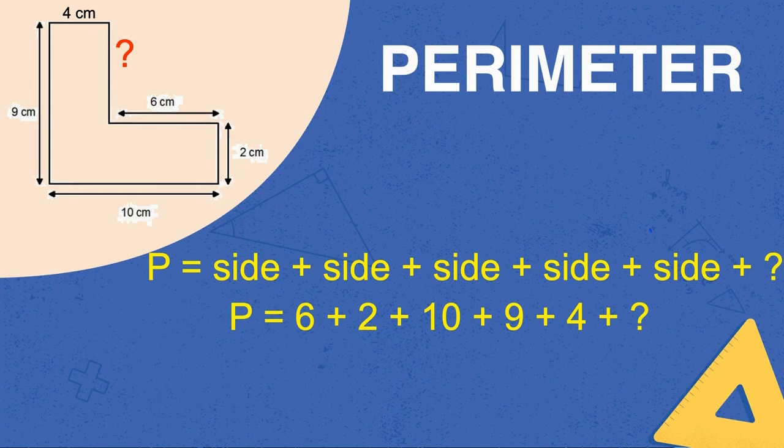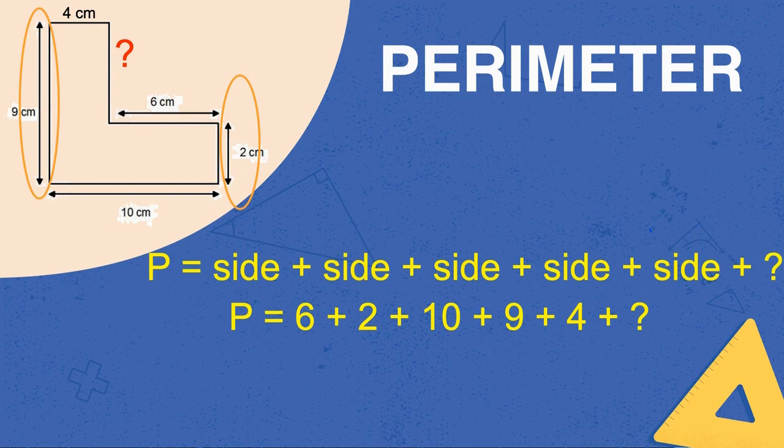Let's see. Can you identify the sides that are parallel to the unknown side? If you said this side and this side, you are correct. Once we've identified those parallel sides, the next thing we must do is subtract the smallest side from the largest side.